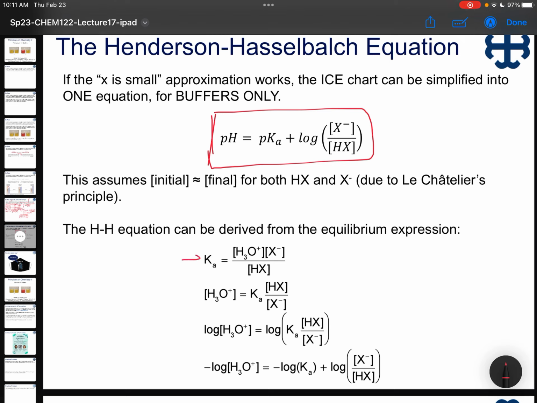So if we took a general reaction where we had HX and it reacts with water and it's in equilibrium with H3O plus and X minus, we could write our Ka expression for that, like there. If we rearranged it by getting H3O plus on its own side, so we would divide each side by X minus, multiply each side by HX. Then we took logs of both sides, and a property of logs is you can split them in half.